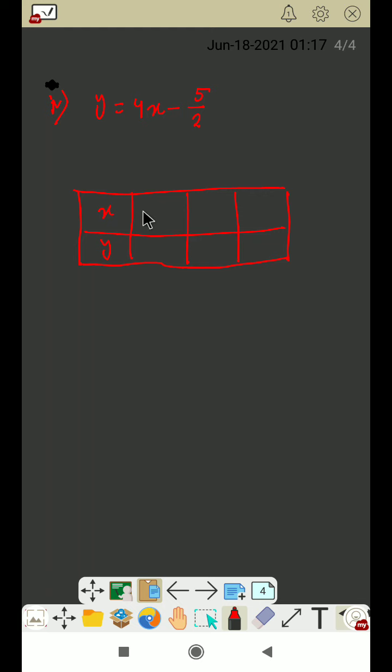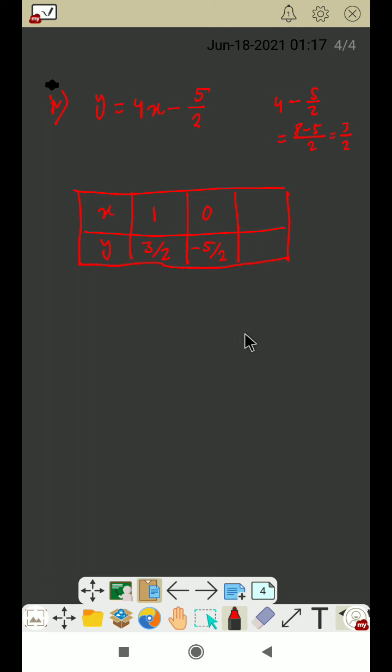Now if you put x is equal to 1, then what will we get here? 4 into 1 minus 5 by 2. Now we will get 4 minus 5 by 2, that is 3 by 2. Now if you put 0 in the place of x, then you will get minus 5 by 2.